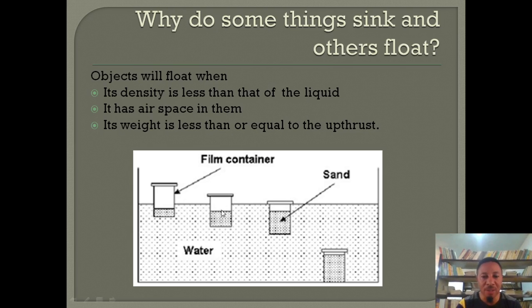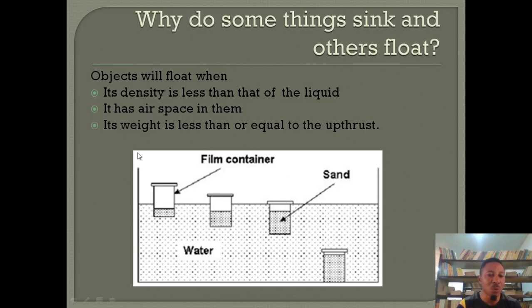Where we have less airspace here, it does not float as much as when you have more space. And in the last one here, where you don't have airspace, what happens? It sinks.